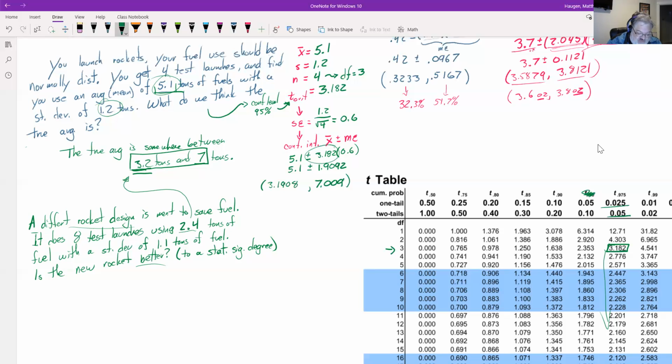Because again, this 2.4 is a point estimate. It should have an interval around it, a high and a low. If the high of its estimate is more than our 3.2, it's very possible that it's actually worse. So find the corresponding 95% confidence interval for the new rocket with the 2.4 and see if those confidence intervals overlap. If they overlap, we have not shown that this rocket is necessarily better.